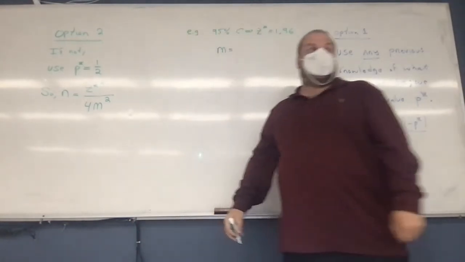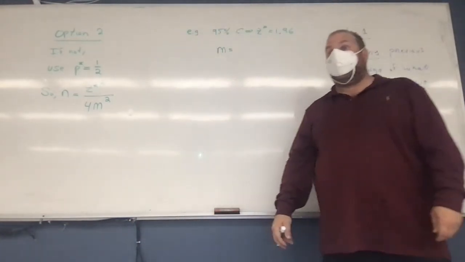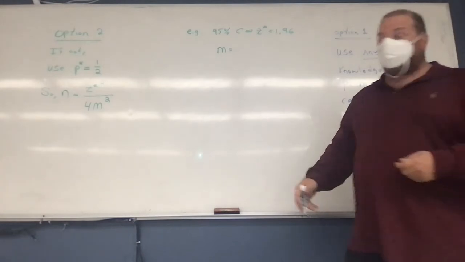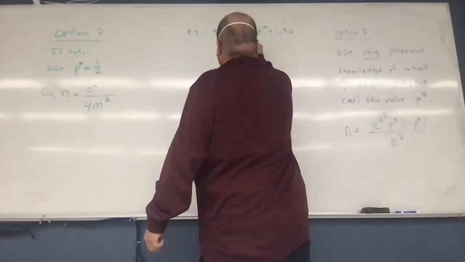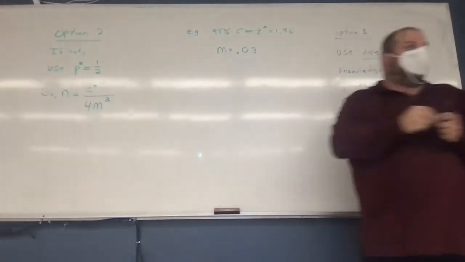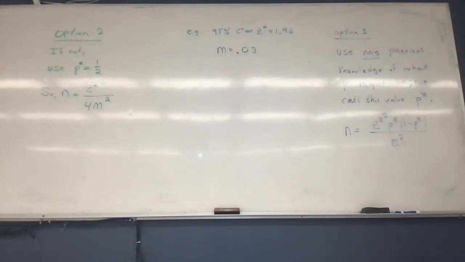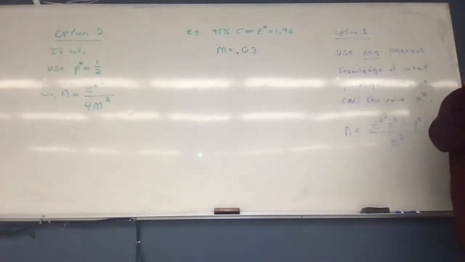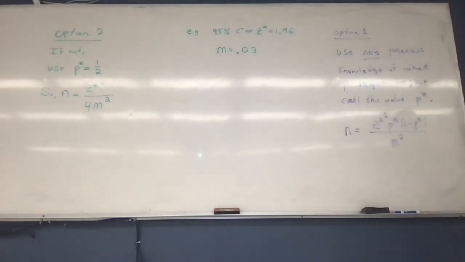Well, 0.03. I don't care if I get something smaller, but that's the worst case scenario. Margin of error is no bigger than 0.03. So let's calculate it for 0.03.